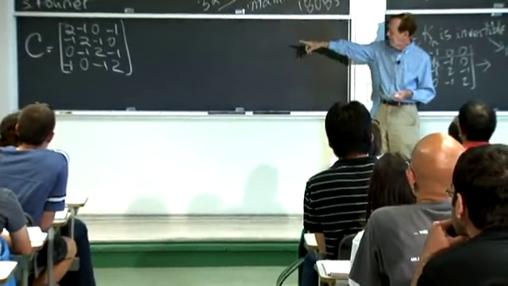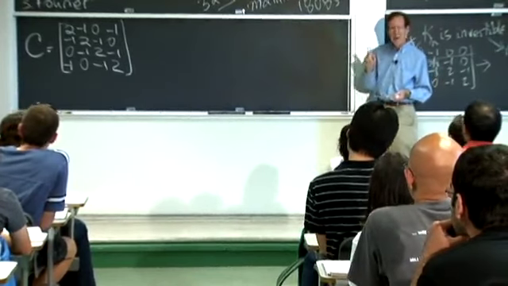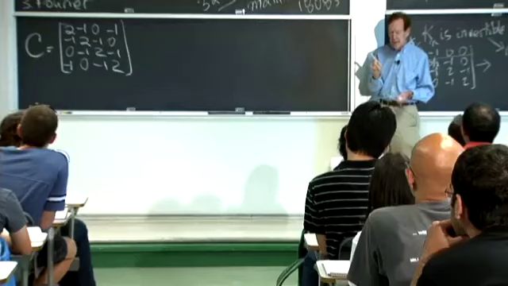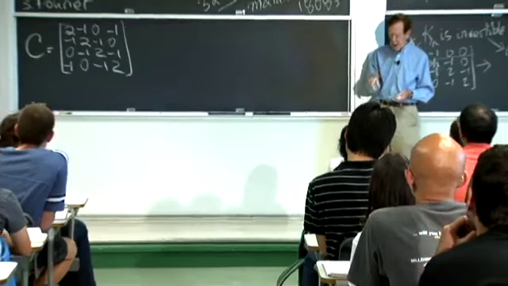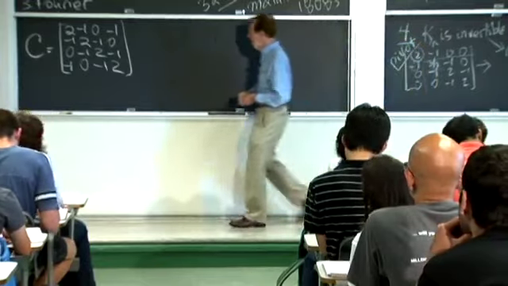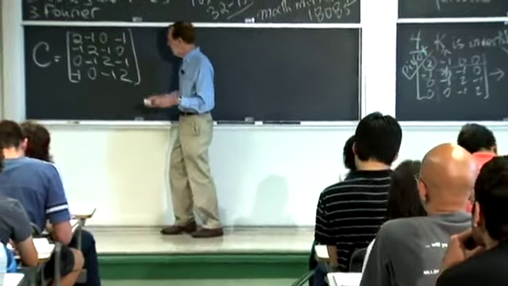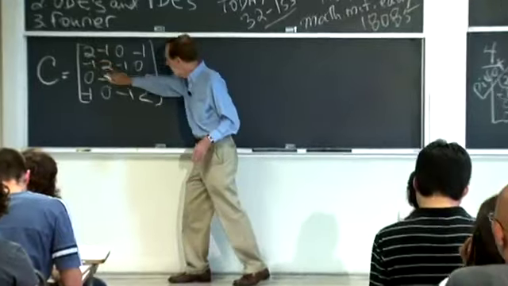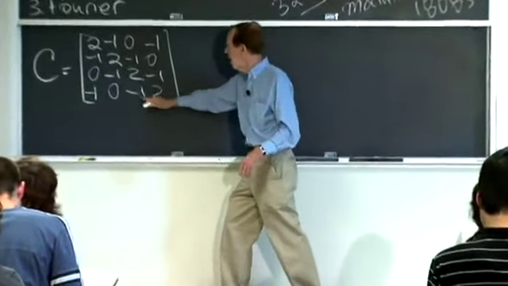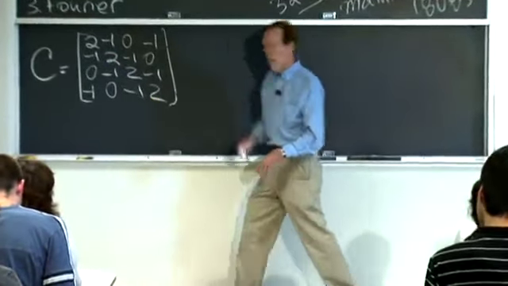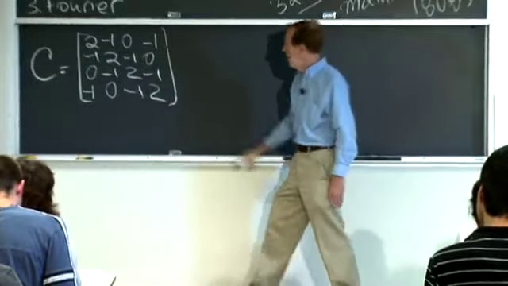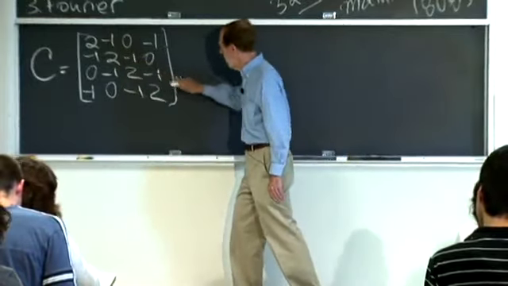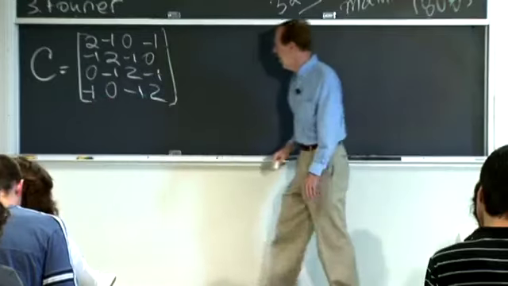And let me say first why that letter C. That letter C stands for circulant. Why circulant? It's because that diagonal, which only had 3 entries, circled around to the 4th entry.